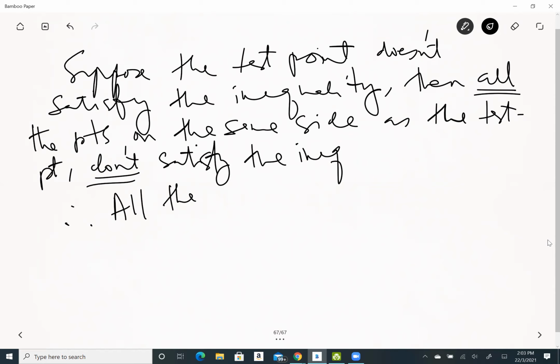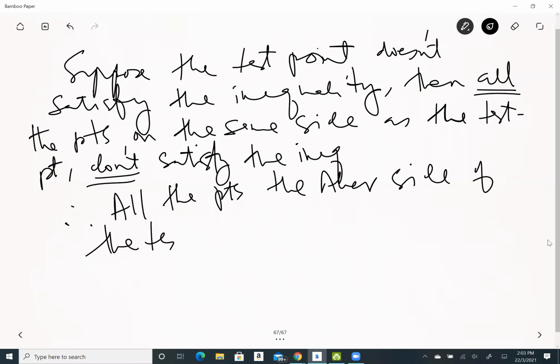If the points on the same side as the test point do not satisfy, then all the points on the other side of the line from the test point will satisfy.